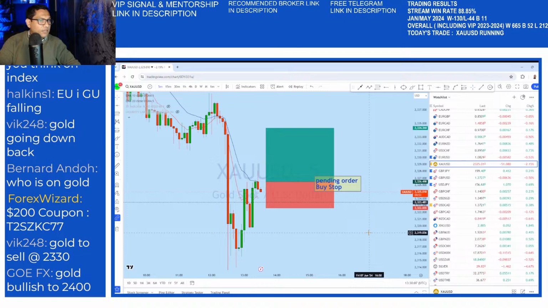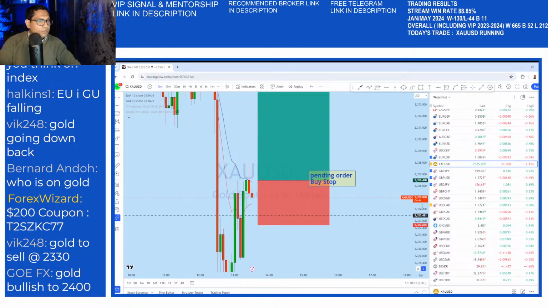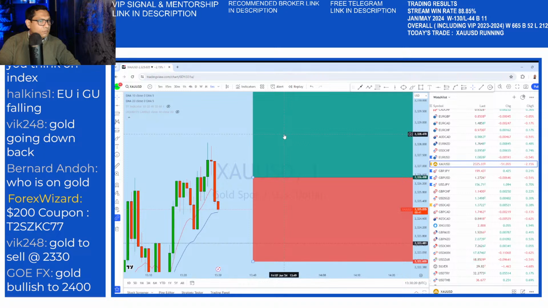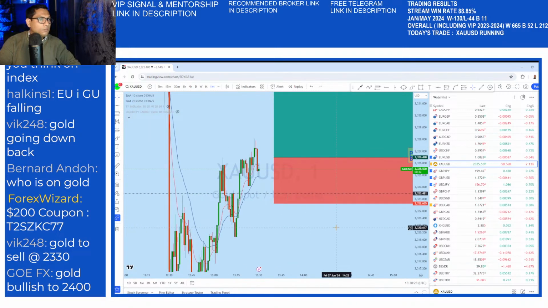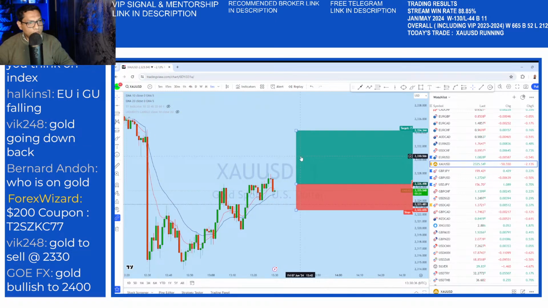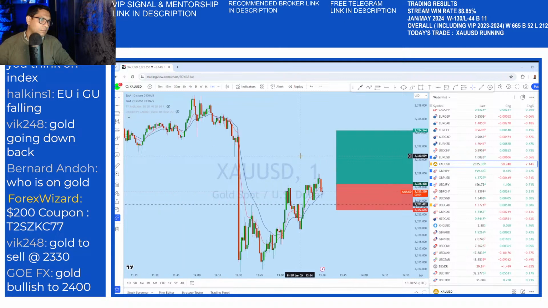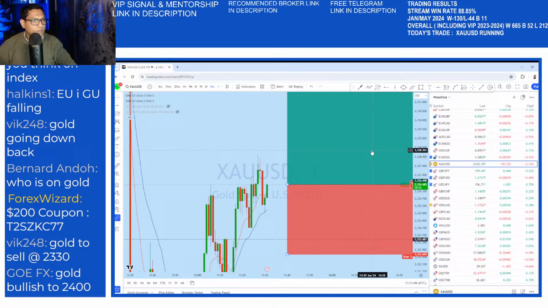Okay, so there is a red candle. Still waiting to see the trending to the upside. All right, guys.